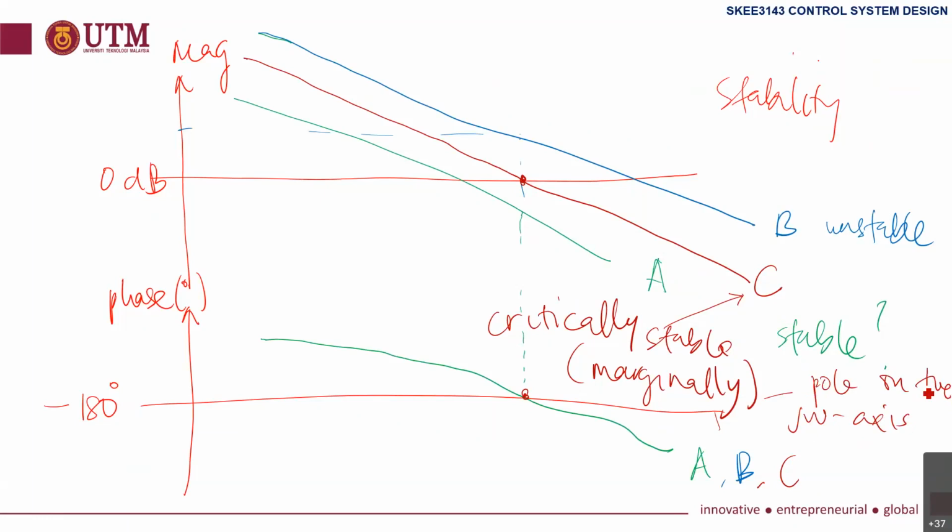Usually the damping ratio zeta is 0, and the system is oscillatory, like a sine wave or cosine signal. So based on phase and magnitude, you can determine whether the system is stable, unstable, or marginally stable.